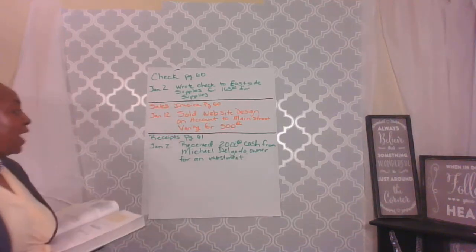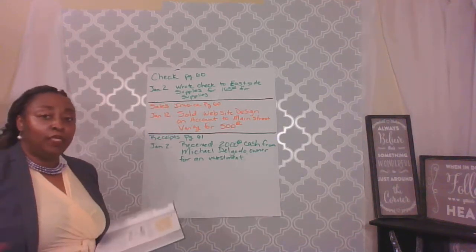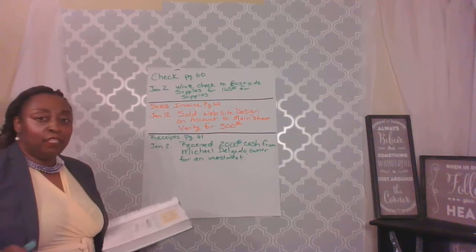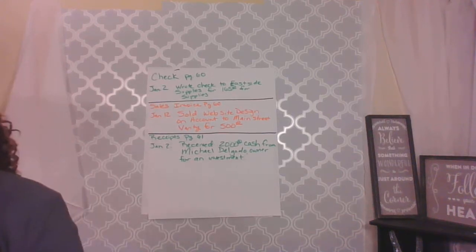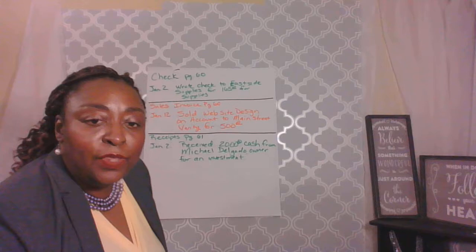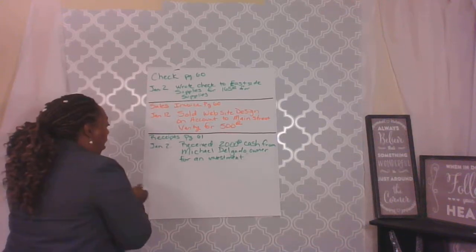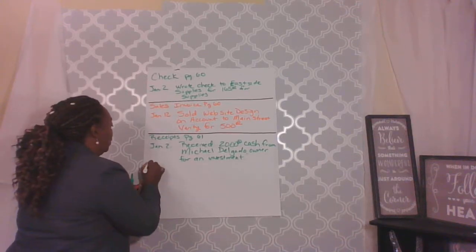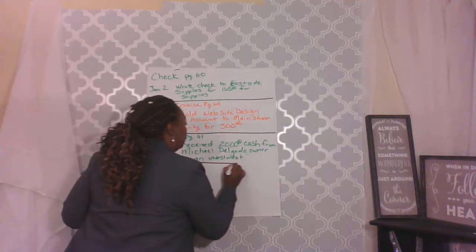Okay. Received $2,000 cash from Michael Delgado, he's the owner, for an investment. So that is how we would take that receipt and turn it into a written transaction.